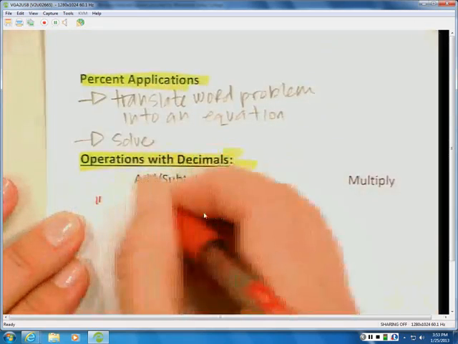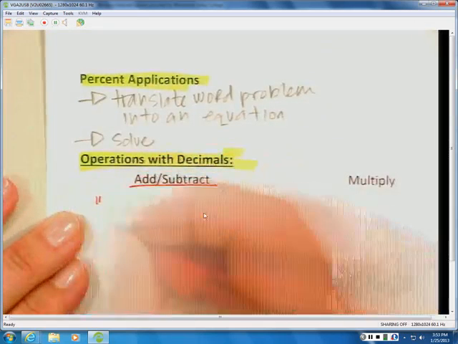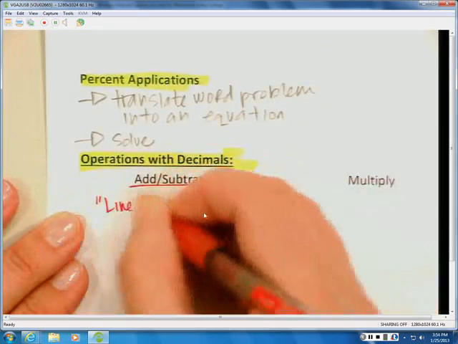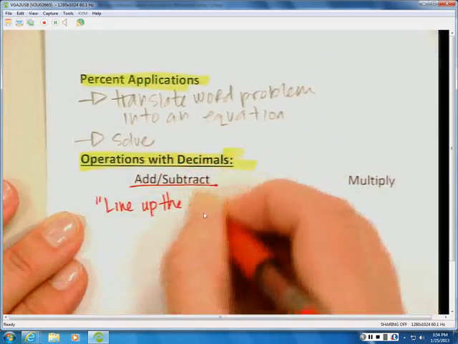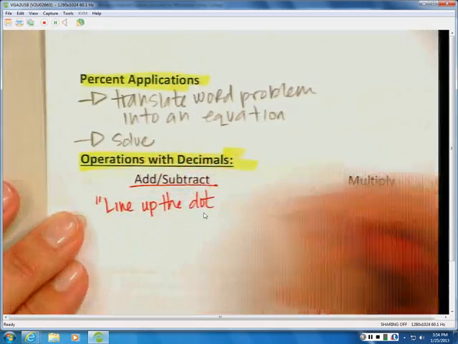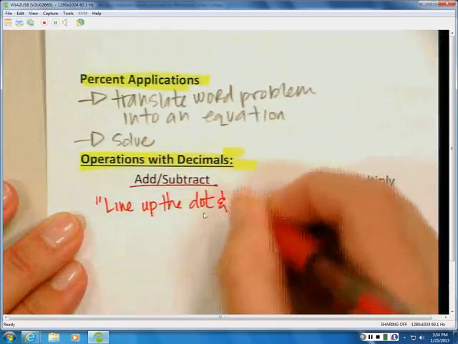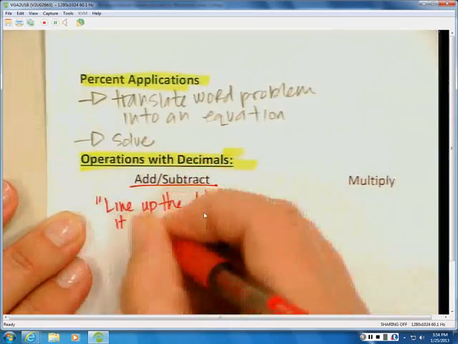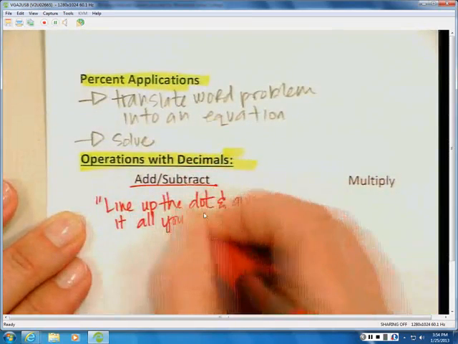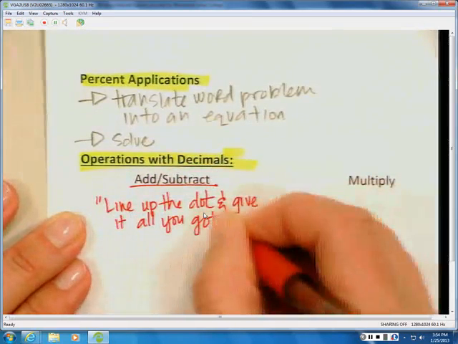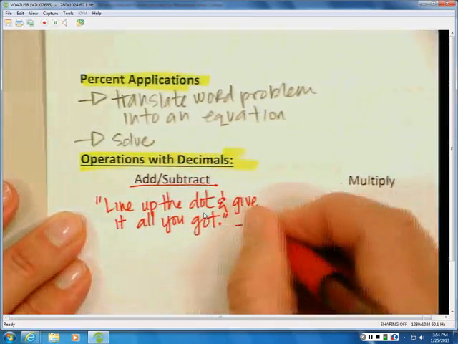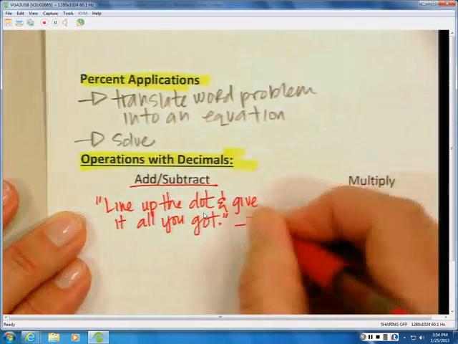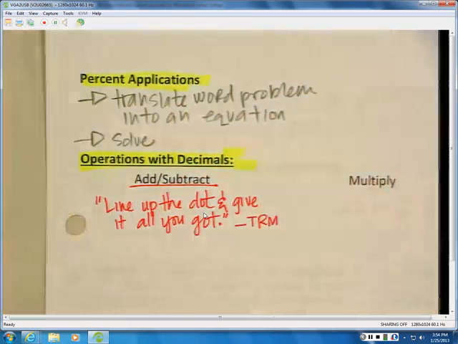For adding and subtracting decimals, you line up the dot and give it all you got. Brought to us by our favorite rapper, TRM.